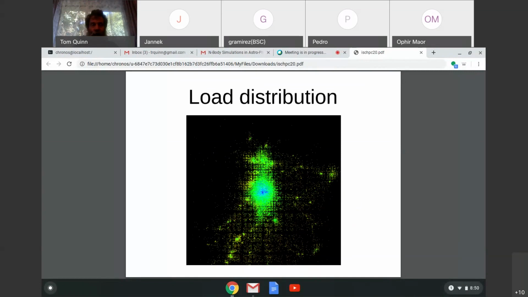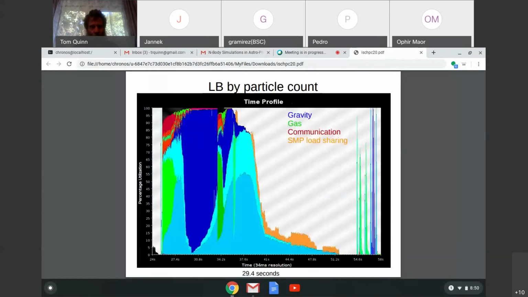And the way this shows up, here is a tool called Projections, part of the Charm++ system. What we have here is percentage utilization of the entire machine.